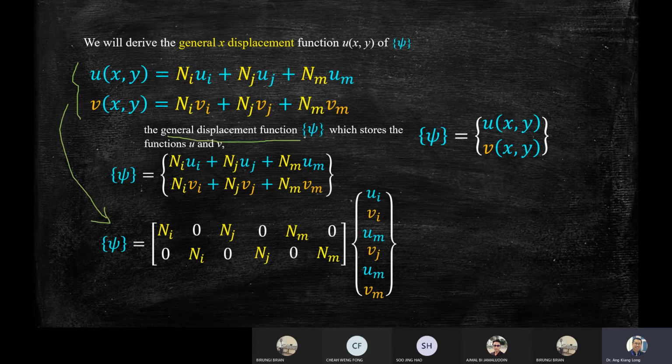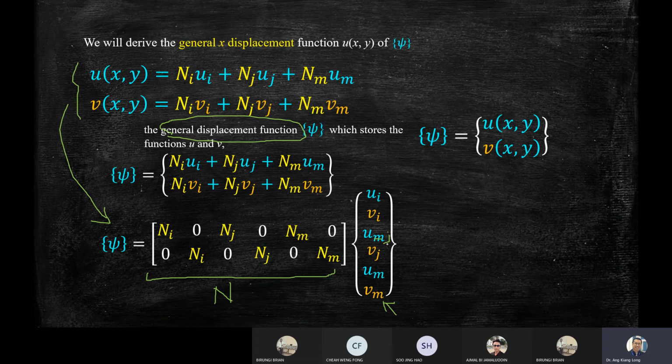In the general displacement function, you have your constant matrix, which consists of the N form, and the displacements ui, vi, uj, vj, um, vm. Sorry, I think this one is wrong. This one is uj. Yeah? So take note, this is a typo error in my slides.